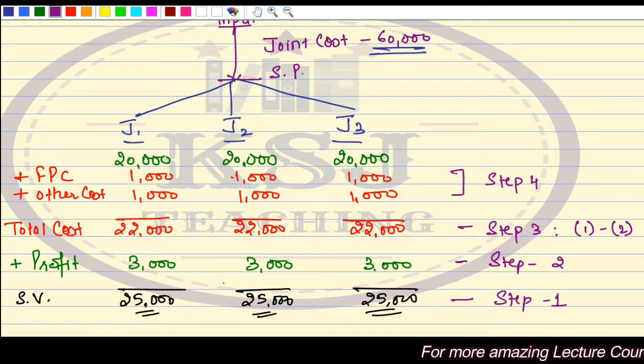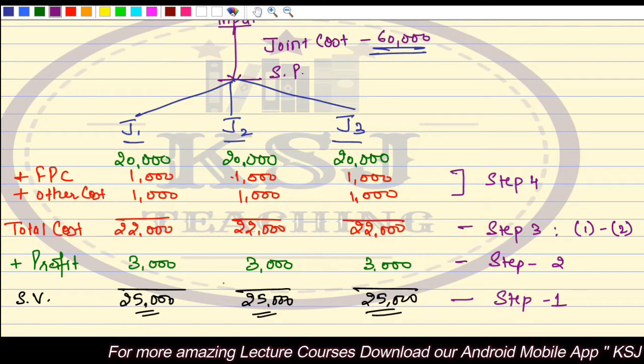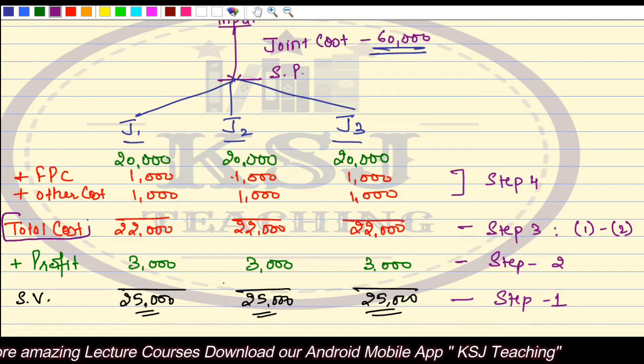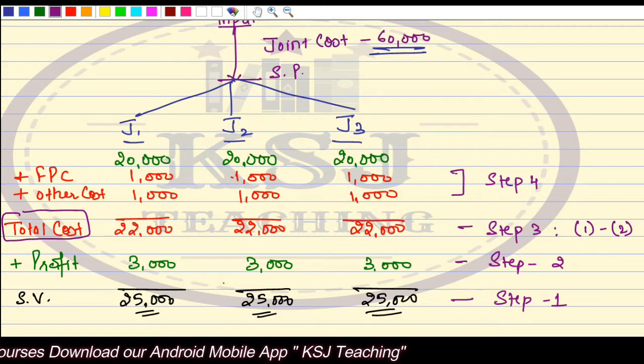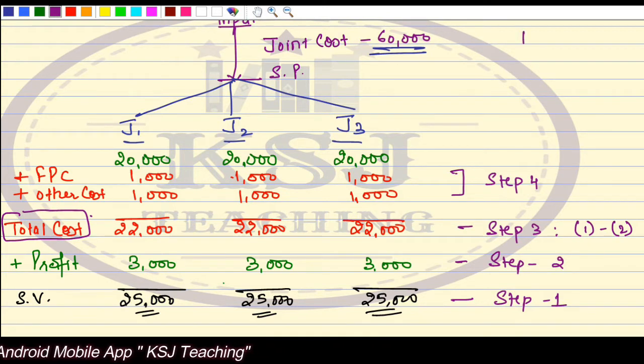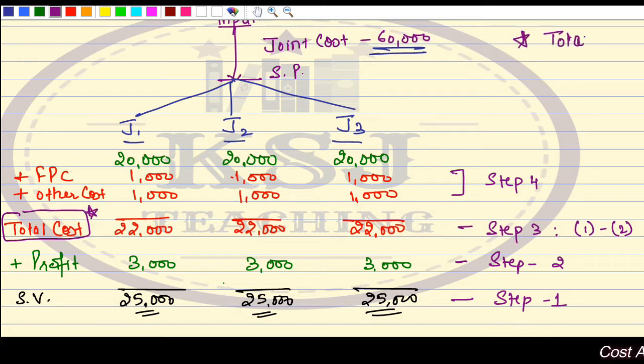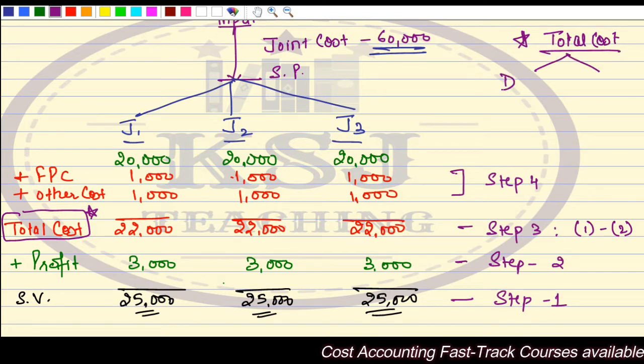This total cost has 2 components. I'll star mark here and write it. One is the distributed joint cost.